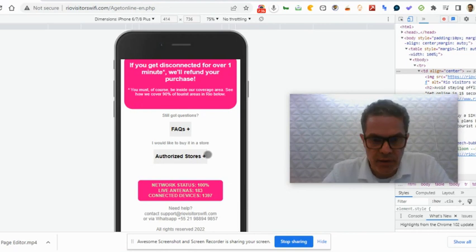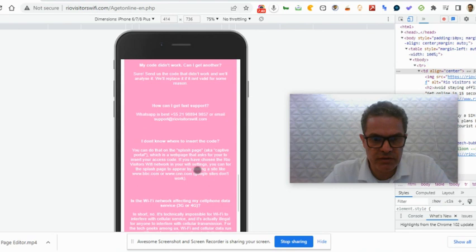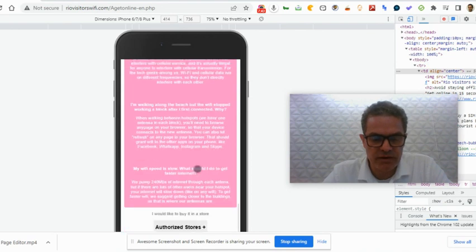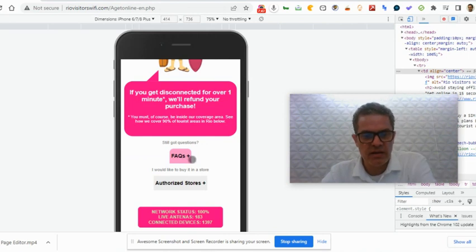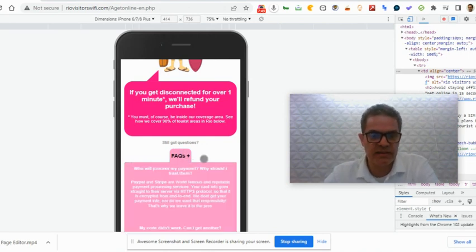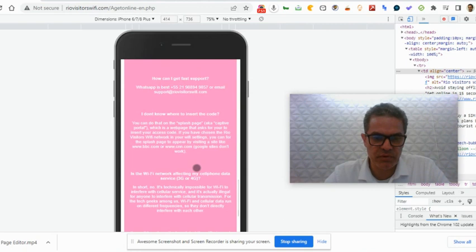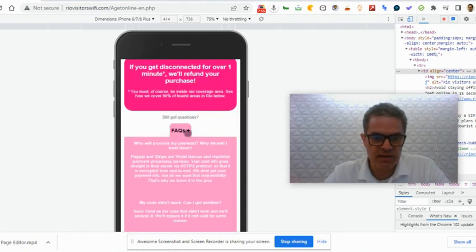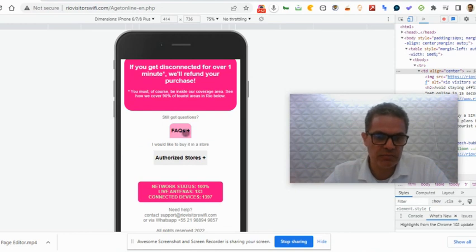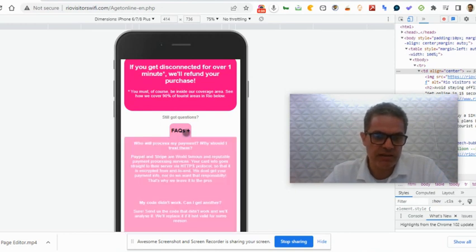Another thing that helped a lot was adding the frequently asked questions section over here. A lot of questions that people have regarding the speed or coverage, or can they share? This helped and we did test having this open, so when people landed on this page, this would be open. This didn't test so well as having it closed and available. So when people click here, it doesn't take them to another page.